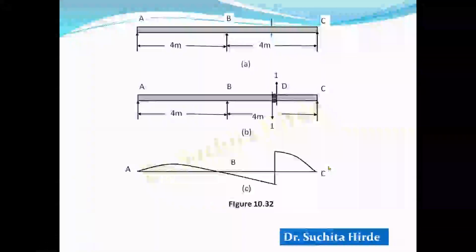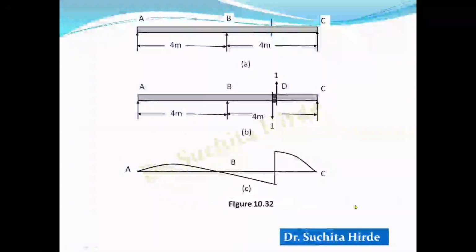Now since we want to get this shape of influence line diagram due to this unit force, these are the forces applied in the direction of the shear force. So to get this deflected shape, we have to draw the conjugate beam for this case. So let us draw the conjugate beam for this case.